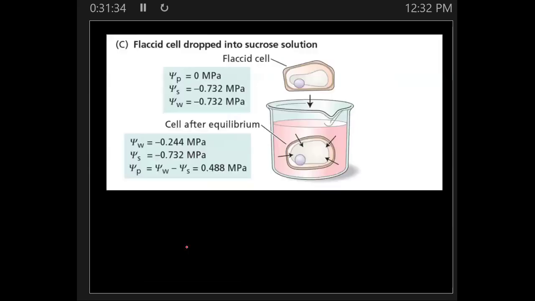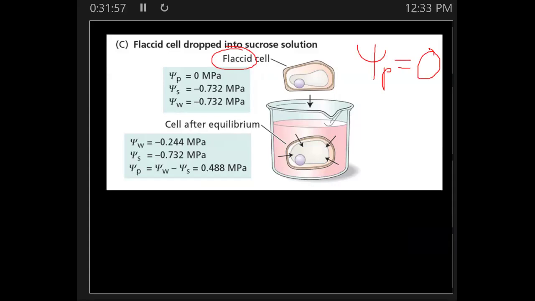Well, let's do a thought problem where you have this condition. Anytime they say flaccid cell, and if I say that on a quiz or test, that means your ψP is equal to 0. It's kind of like wilted lettuce. There's no pressure.